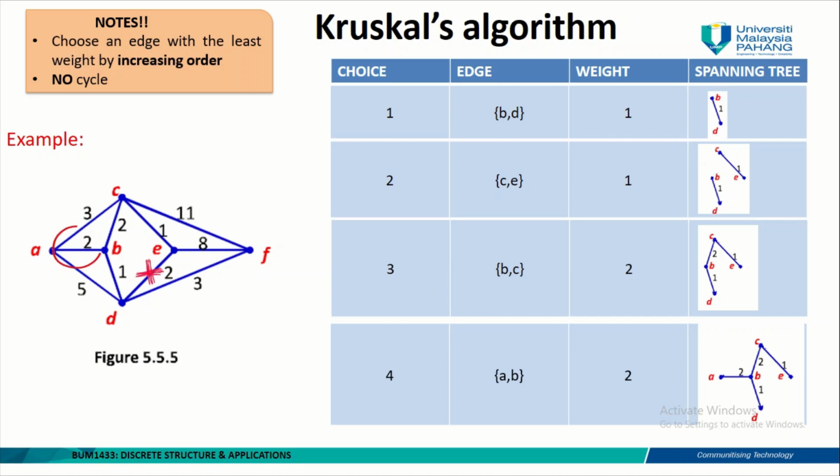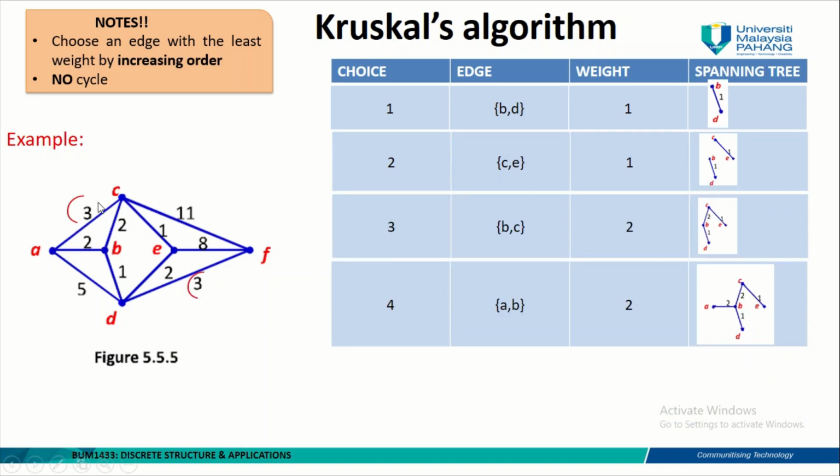For the next step, we see the next least wedge after 2 is 3. We have 3 at the edges AC and DF. If we choose edge AC, we can see that it would form a cycle here, so we cannot choose AC. So we can choose edge DF.